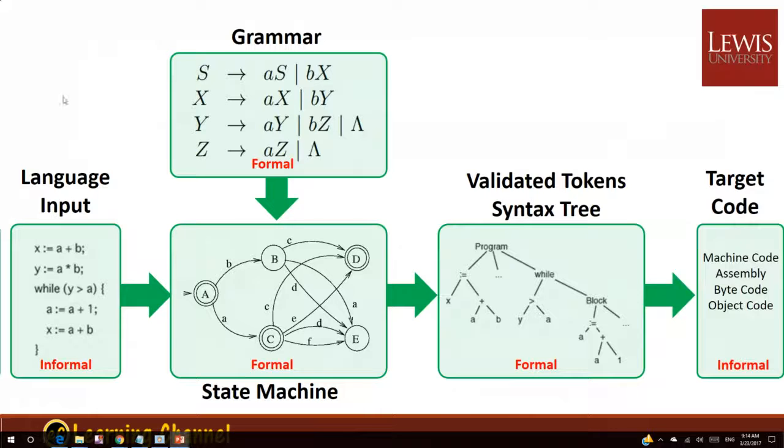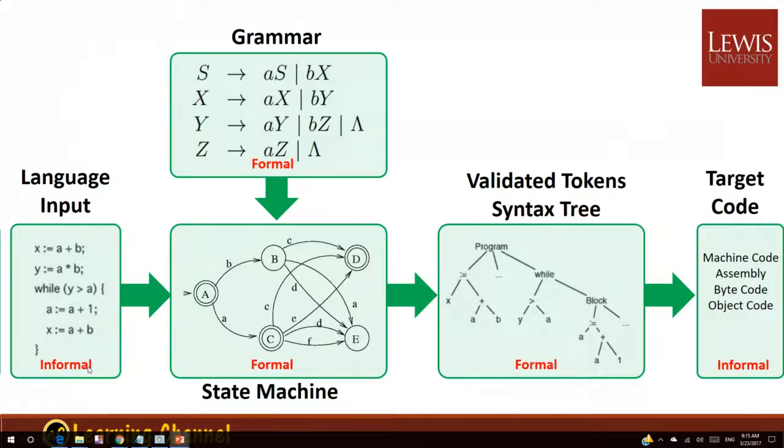Okay, first let's look at the relationship between input language and output language. These two are programming languages. They are informal languages, so they are usually not as strictly defined as a formal language. Usually it's like C, Python, or Fortran, or any language. And they are informal.